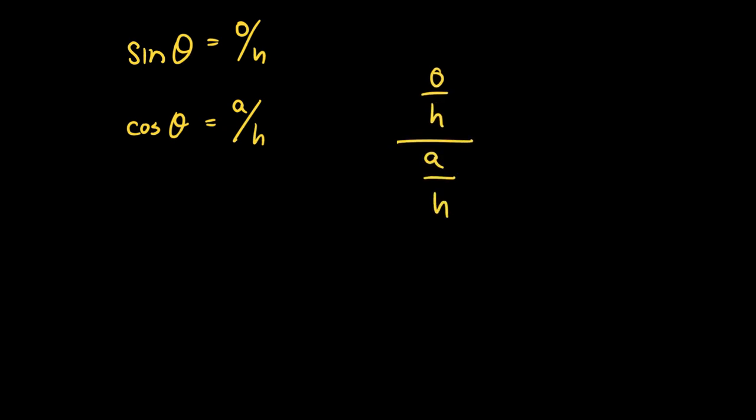So sine theta is opposite over hypotenuse. Cosine theta is adjacent over hypotenuse, right? So opposite over hypotenuse divided by adjacent over hypotenuse. I know some of you are just not great with fractions. It's kind of coming to light as we do stuff like this. But this is 2 fractions and we're dividing them.